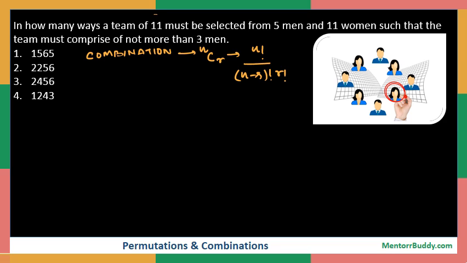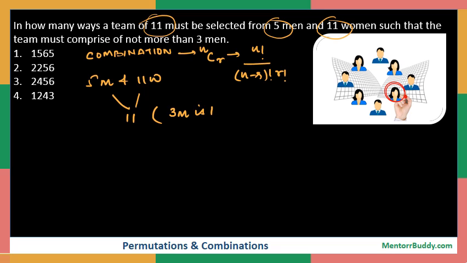Now the question is saying we have to form a team of 11 people out of 5 men and 11 women. So we have 5 men and 11 women, and a committee or a team of 11 people is to be formed. But the condition which is given to us is there cannot be more than 3 men. That means 3 men is the maximum we can have.